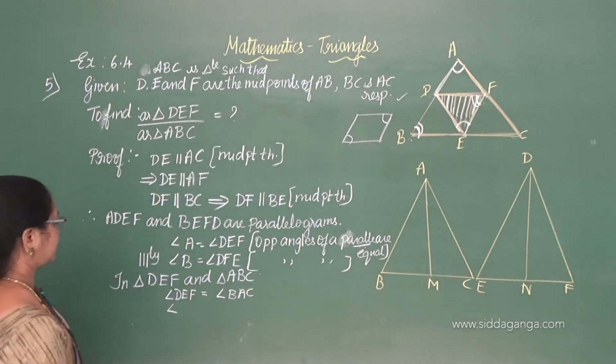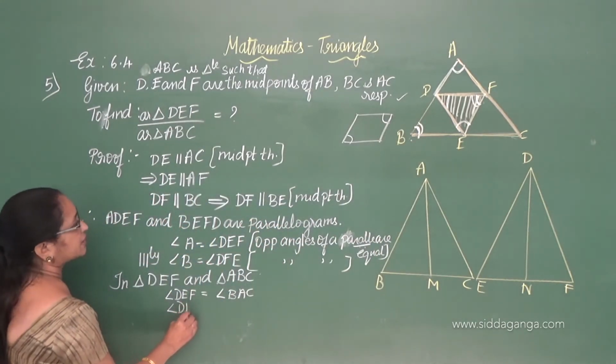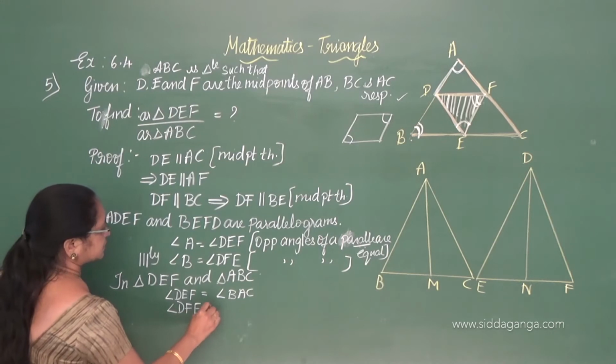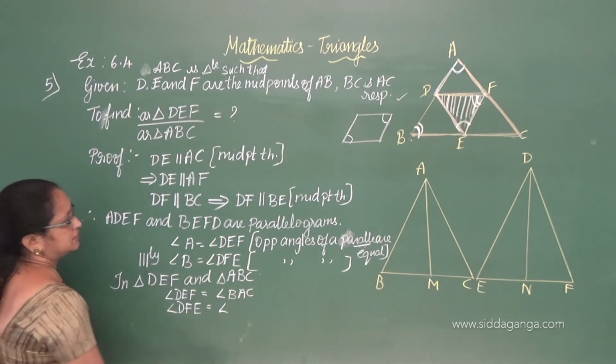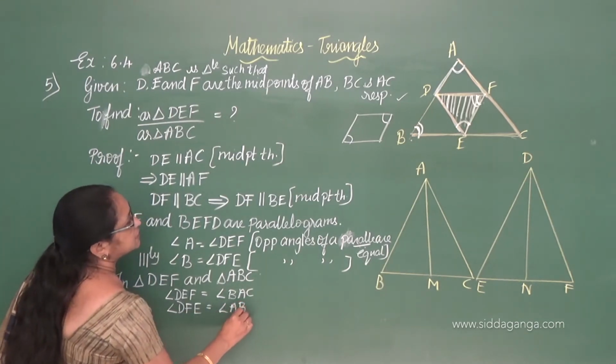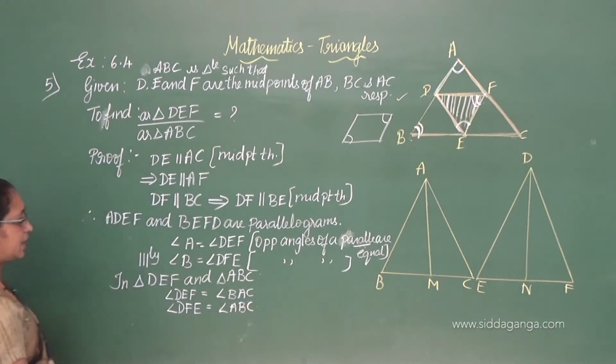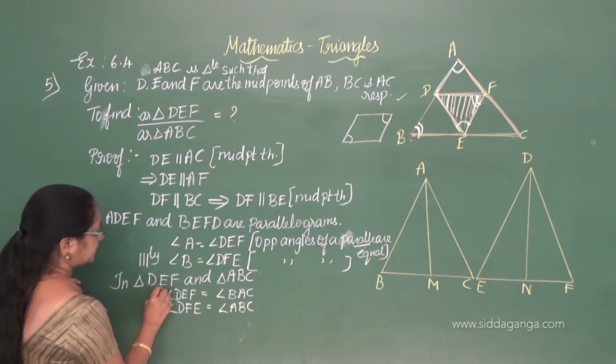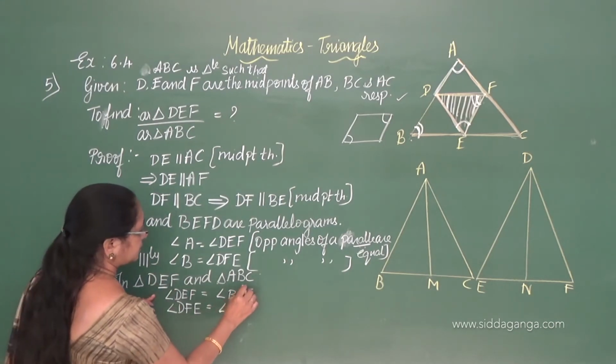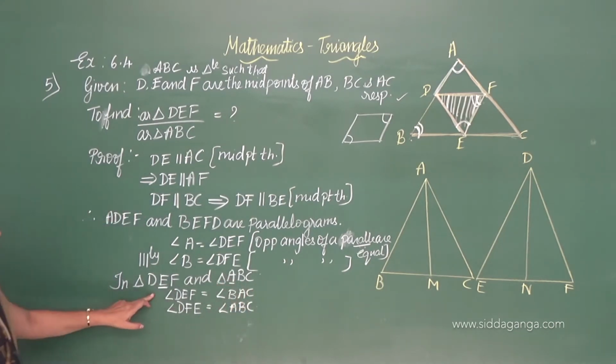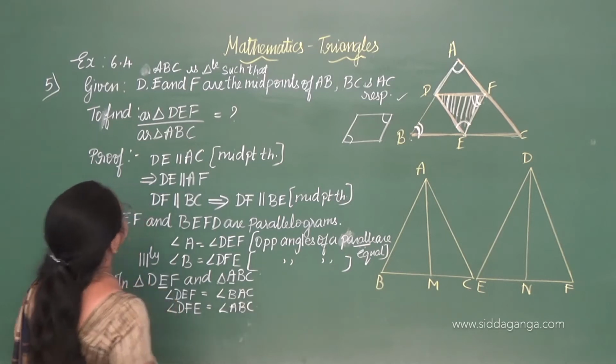So angle DFE is equal to angle ABC. So listen here, angle E and angle A. Now let us write the similarity.